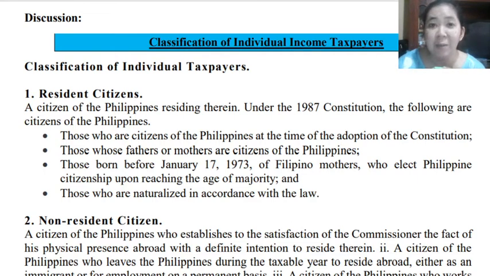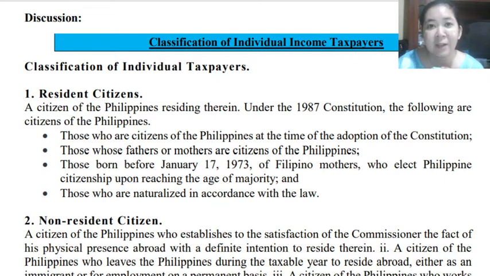That's why we need to classify the taxpayers, because taxpayers may be earning income not only here in the Philippines but also abroad or from other countries. So if you are classified in this income taxpayer, we will determine what income is taxable for you. Okay, so that is for resident citizen.